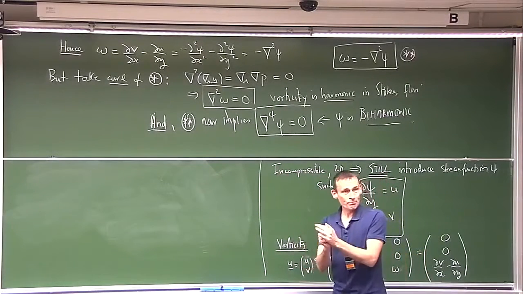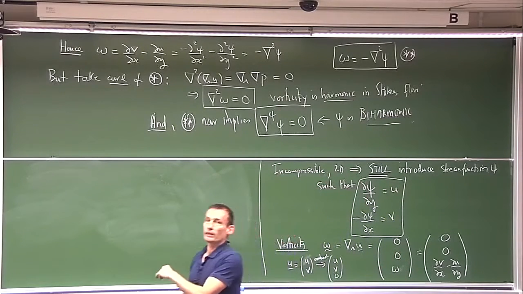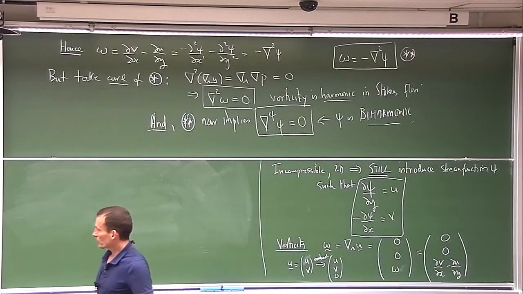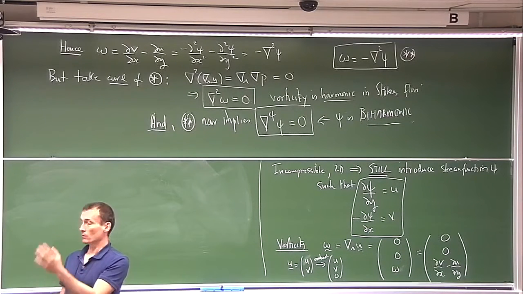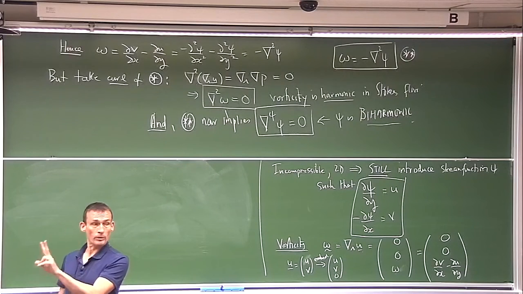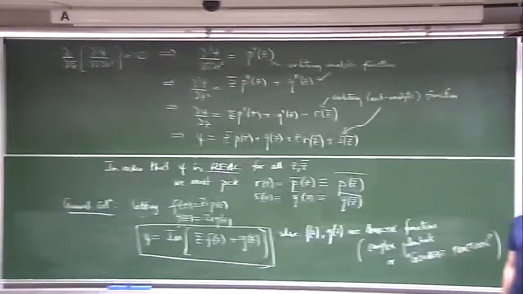Everyone happy? So the only difference now from the whole of the thing I talked about on Tuesday, which is ideal flow, when we're dealing with Stokes flow, is we've got two complex potentials, F and G, in order to determine the stream function.